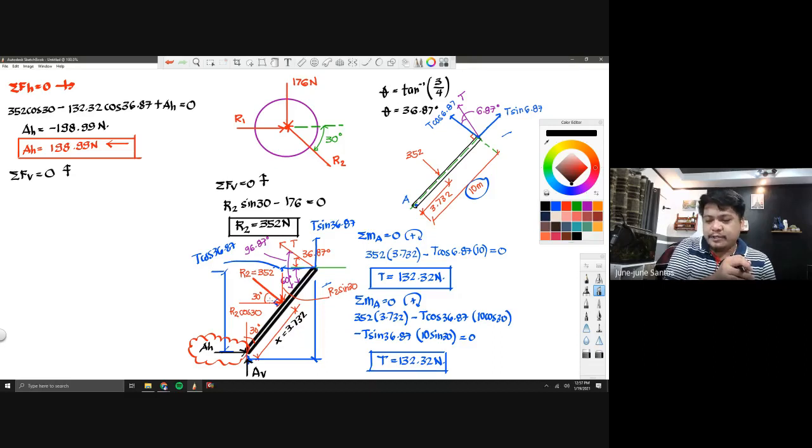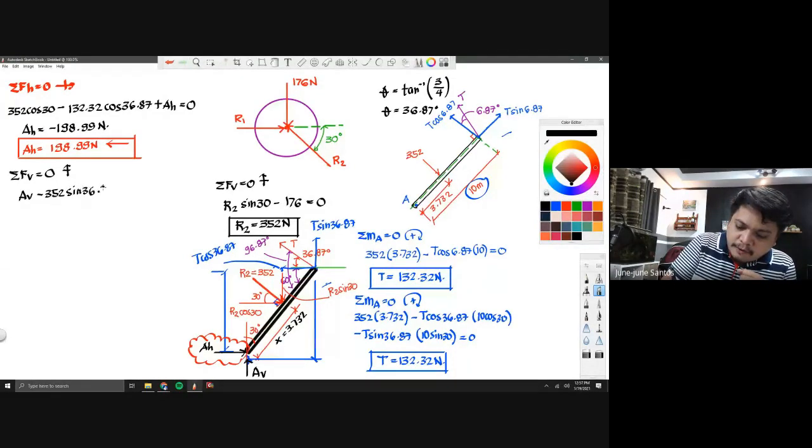Okay? So, proceed ako. Vertical, I have here the AV. And then ito, downward naman siya. So that is minus 352 sine of 36.87. And then lastly, I have here the upward plus T. So ang T ko is 132.32, and then that is sine of 36.87.